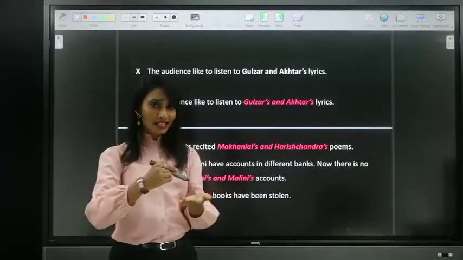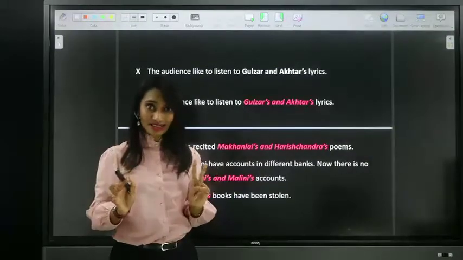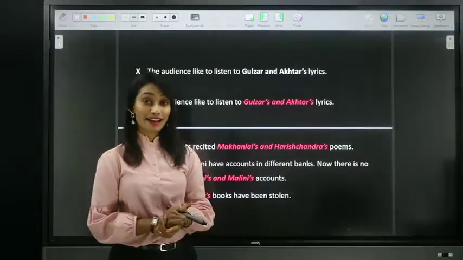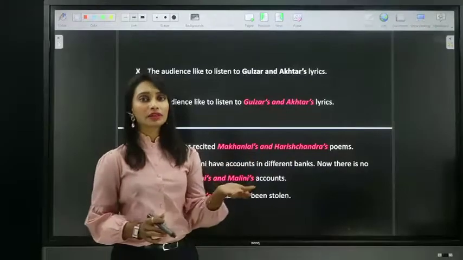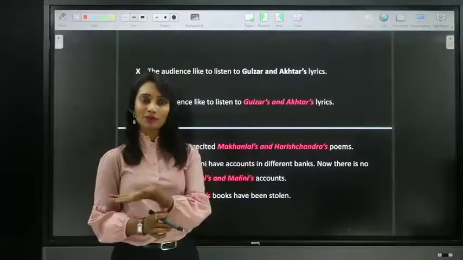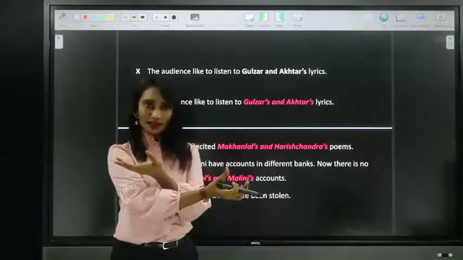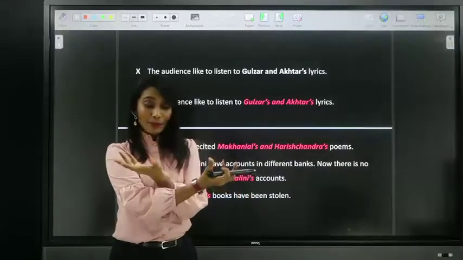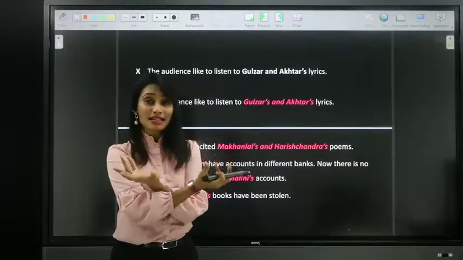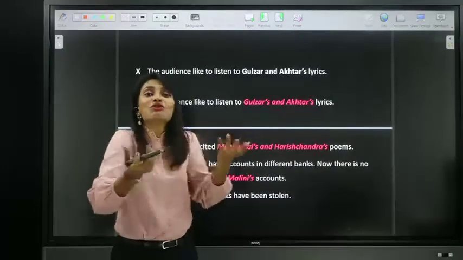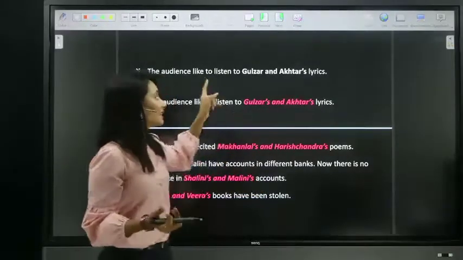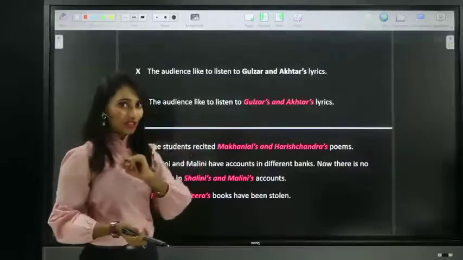Are they writing lyrics for the same songs together? No, right? That means Gulzar writes lyrics for some songs, Mr. Akhtar writes lyrics for some songs. Here, the resultant is not the same. The resultant is different. That means here these nouns are not in apposition.